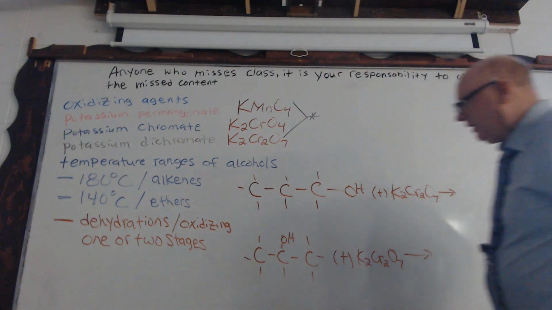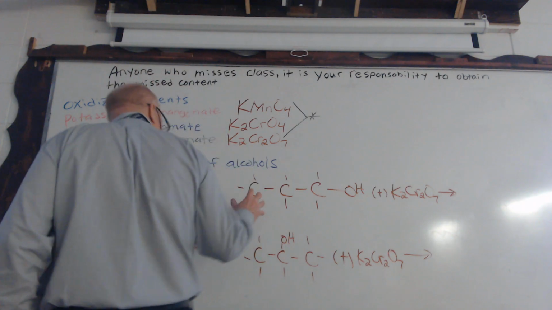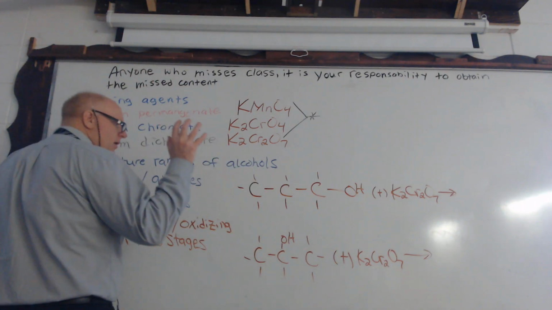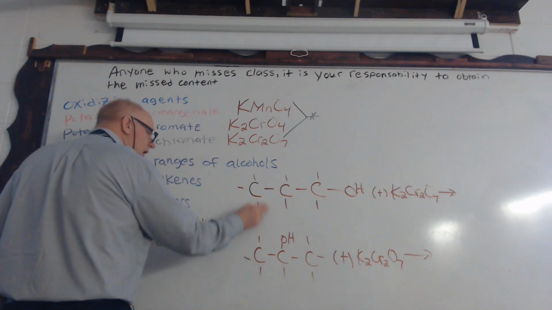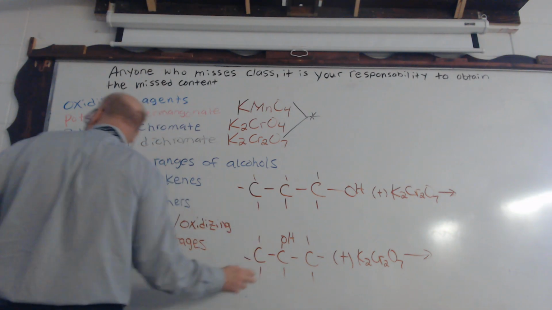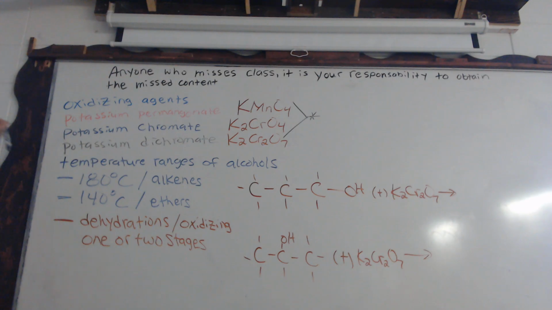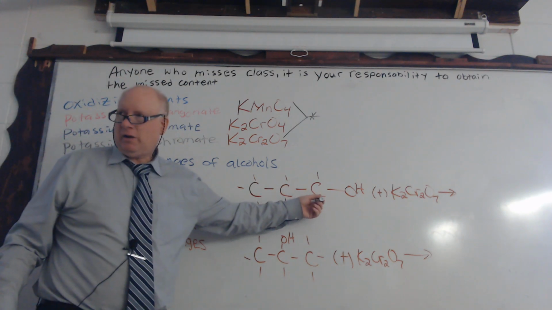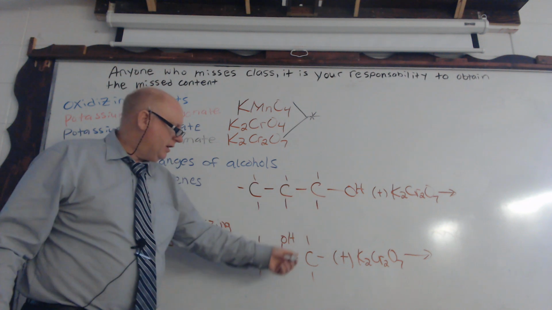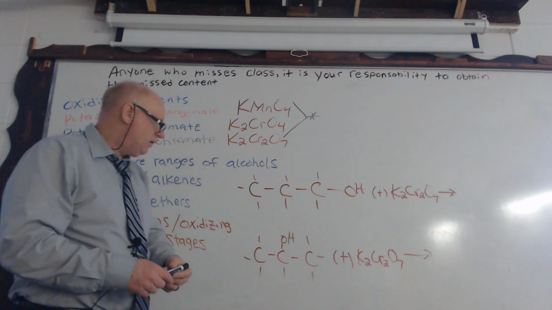But one of the things we want you to visualize and see, okay, what is the first thing that jumps out in your mind with our parent chains here? The top one is a primary alcohol. Then this bottom one is a secondary alcohol.